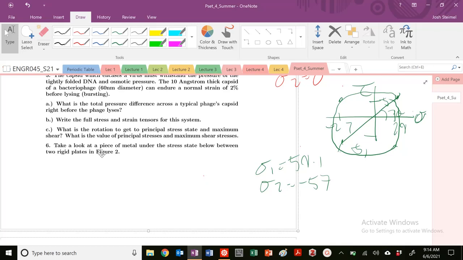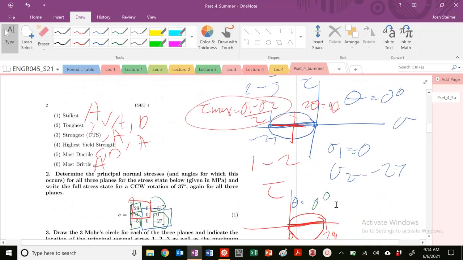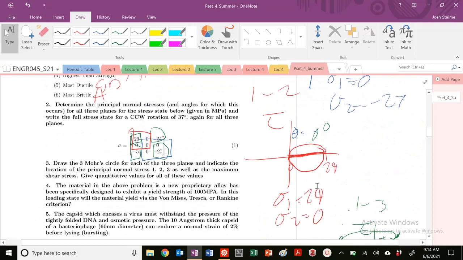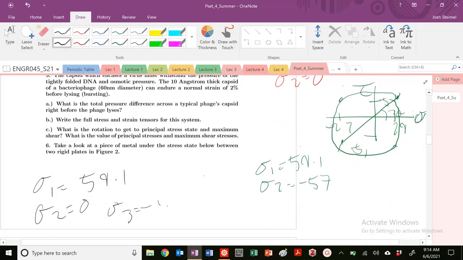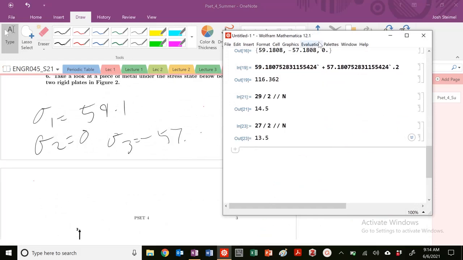So my maximum sigma 1 in this problem, sigma 1 is equal to 59. My maximum sigma 2, let's look at it: negative, 0, and negative. So that's going to be 0. And my sigma 3 is going to be equal to my lowest: minus 57, 0, minus 27. So that's minus 57, something value. And you could draw that Mohr circle as we've done previously.